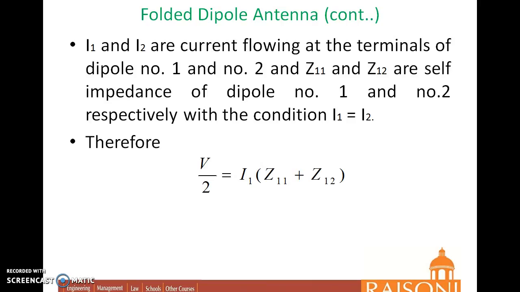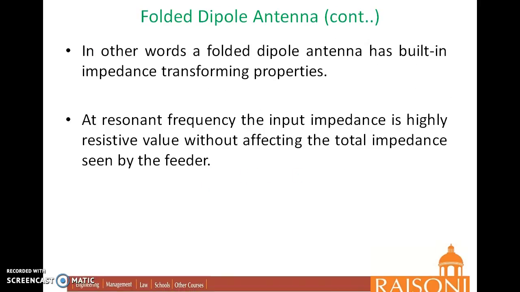Here we are observing one condition, that is I1 is equal to I2. So therefore we can say that V by 2 is equal to I1, which we have taken common as per the condition, into Z11 plus Z12. In other words, a folded dipole antenna has a built-in impedance transforming property.